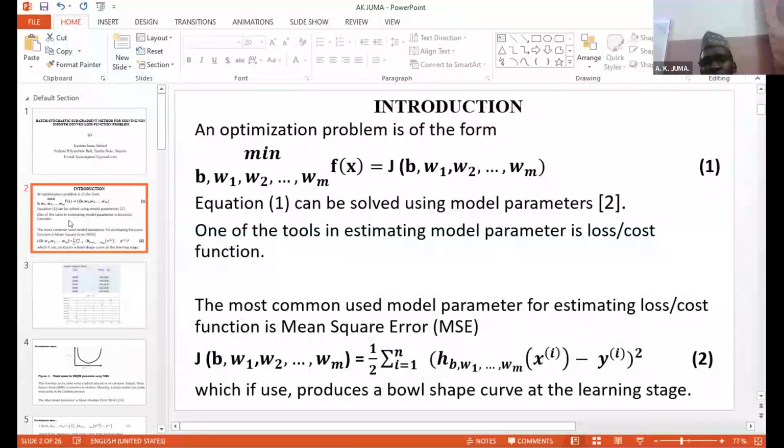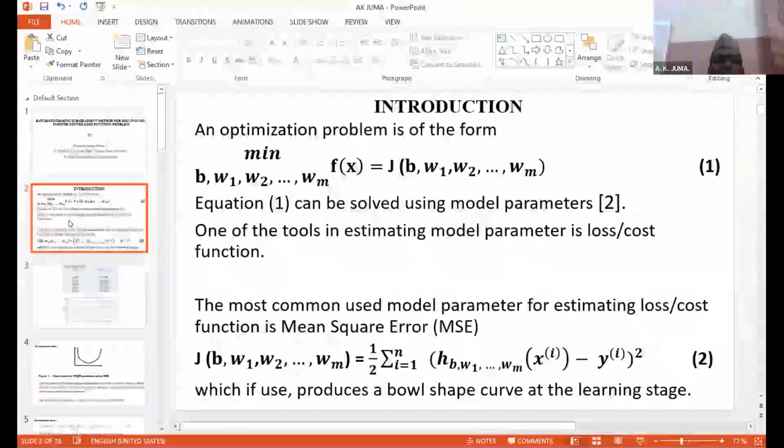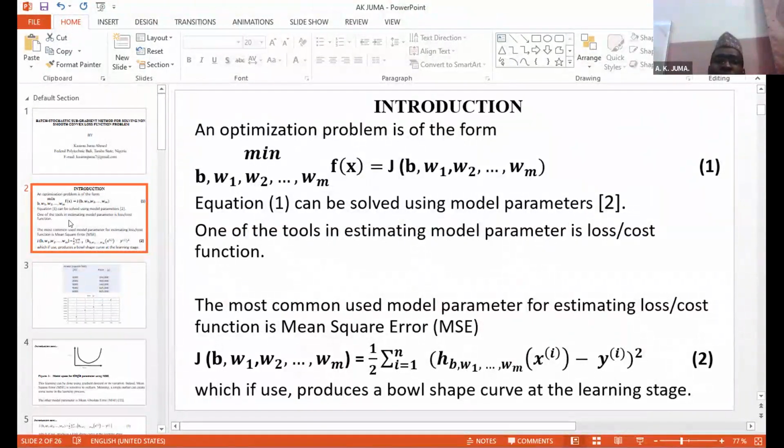Among the loss functions, there is one that we call mean square error, which is regarded as the L2 loss function. If we adopt mean square error, then we can minimize B, W1, W2 up to Wm, that is our parameters, using gradient descent.